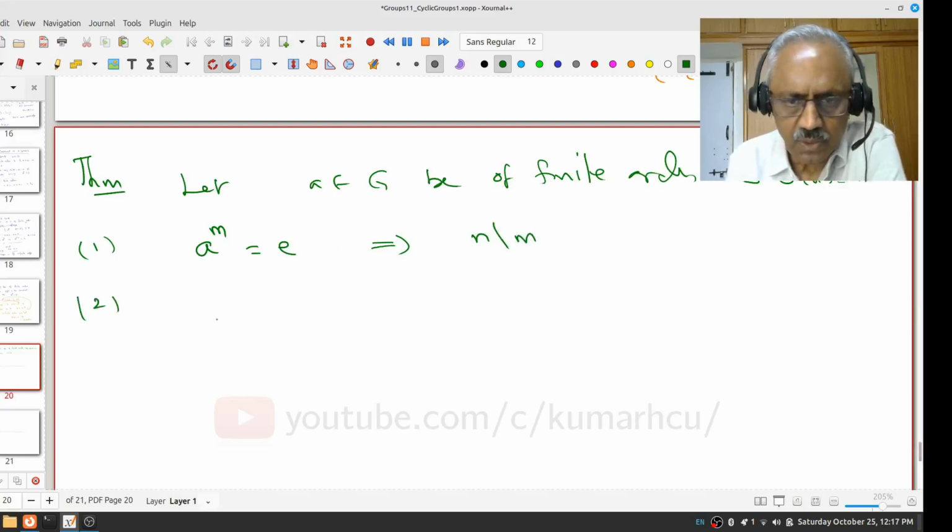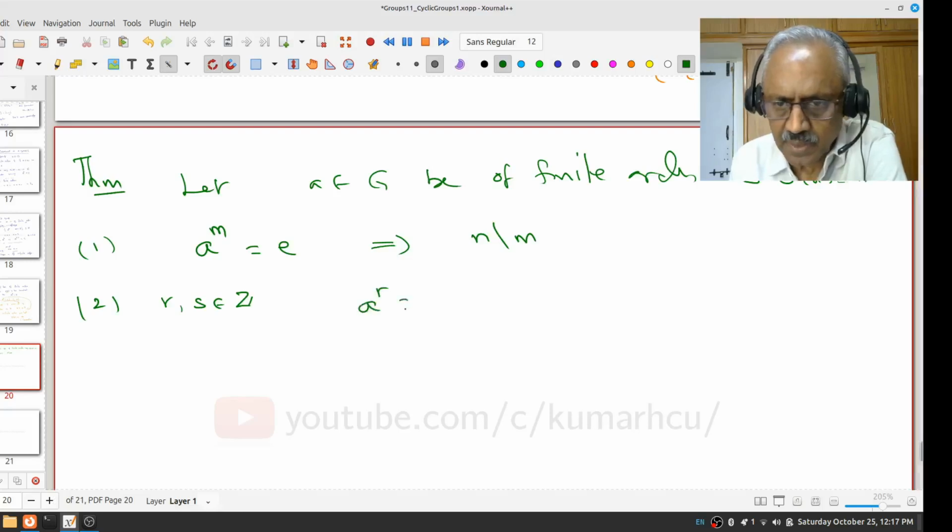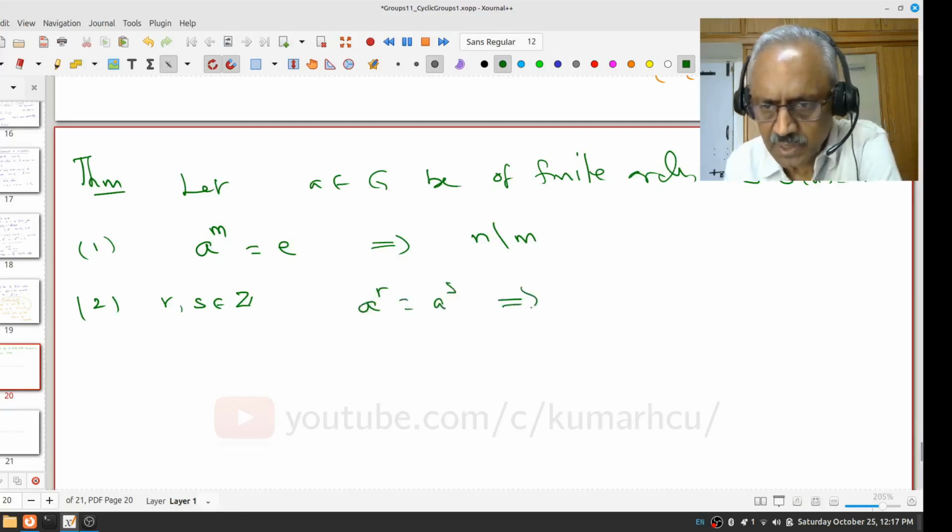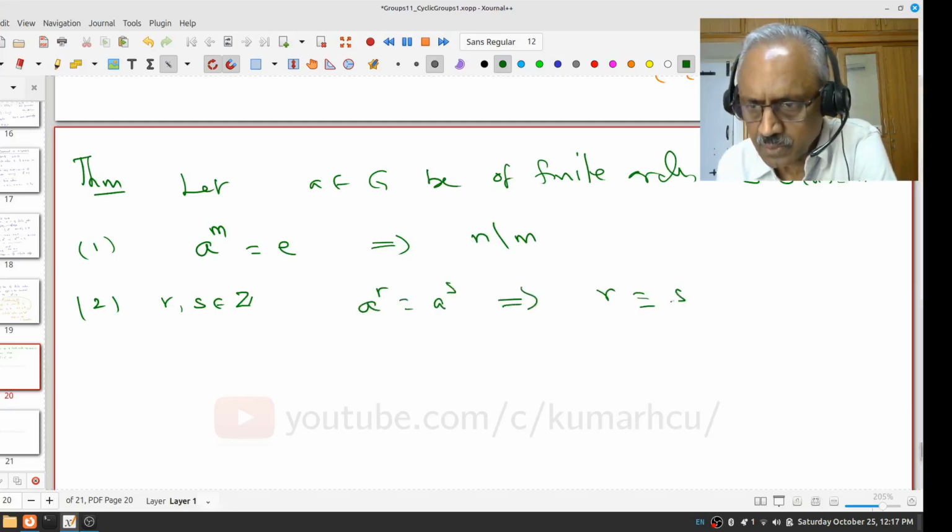And second, for some integers r and s, if a to the power r equals a to the power s, that should imply r is congruent to s modulo n, which is another way of saying n divides r minus s.